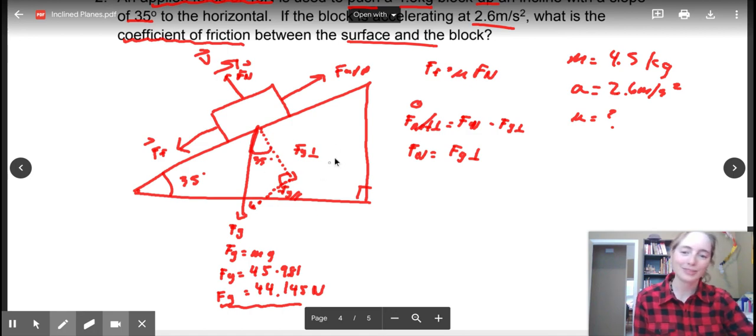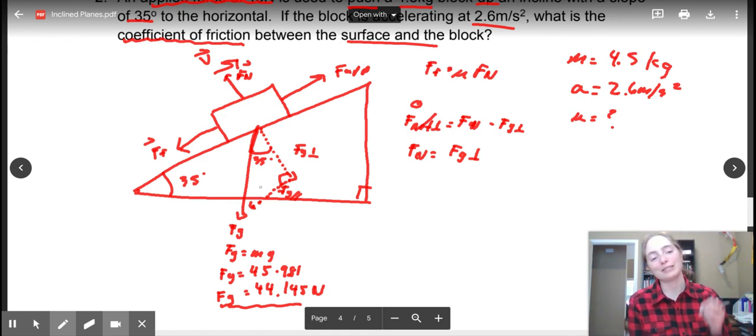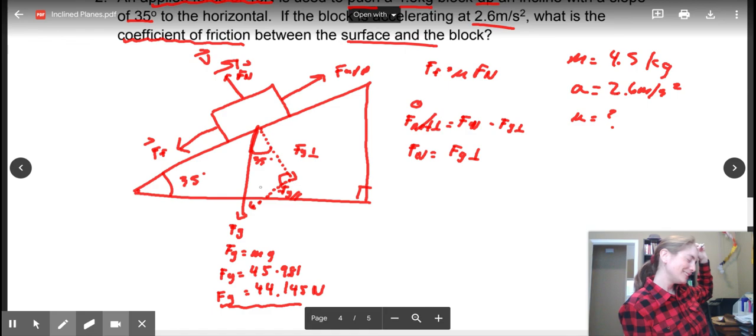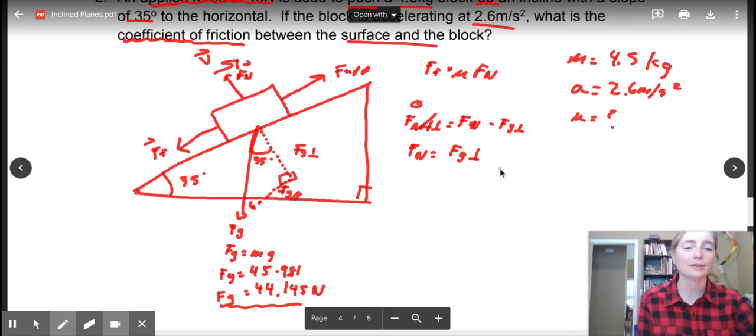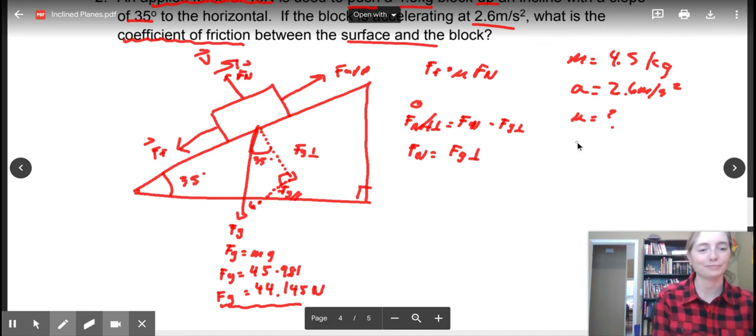My Fg perpendicular is going to be this line here. That is adjacent to that 35 degrees, which means I'm going to use cosine.